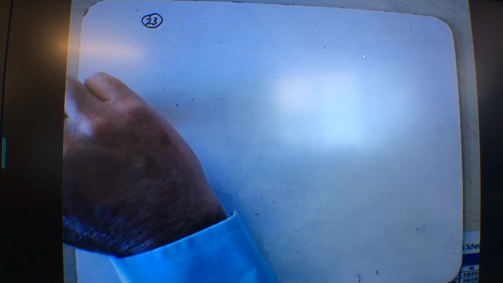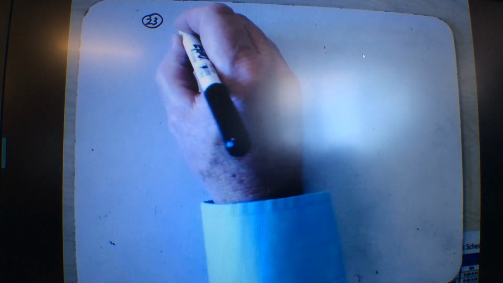But now I want to look at number 23. I'm going to do a couple here. 23, it says find the perimeter of the given triangle. It says triangle DEF. We want to find the perimeter of triangle DEF. All right?